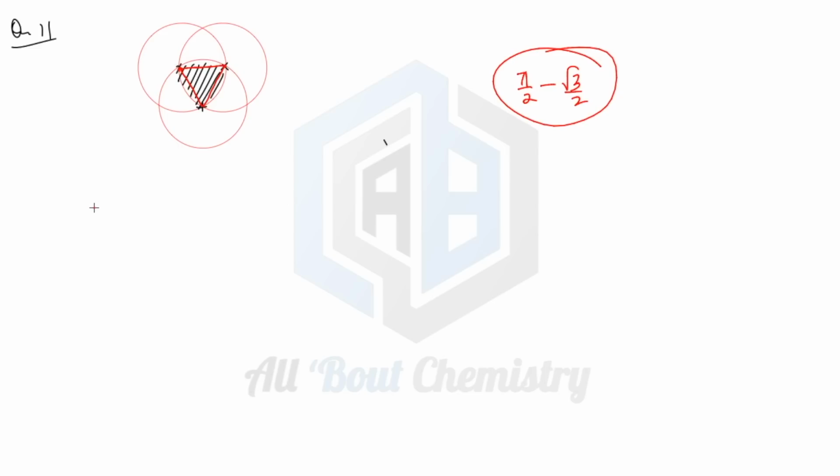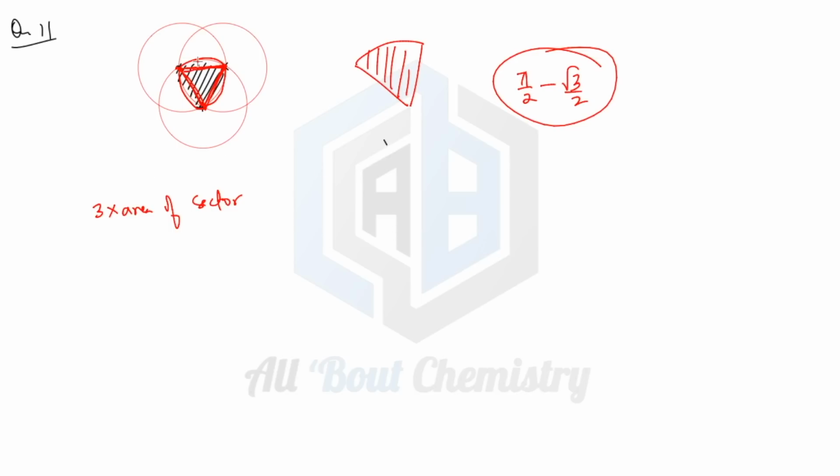So you have 3 into the area of a sector. This whole thing is called a sector. This and this is the first sector, then this and this is the second sector, and this and this is the third sector.